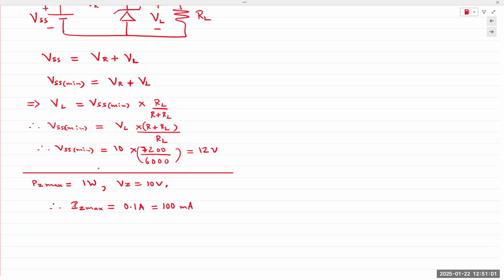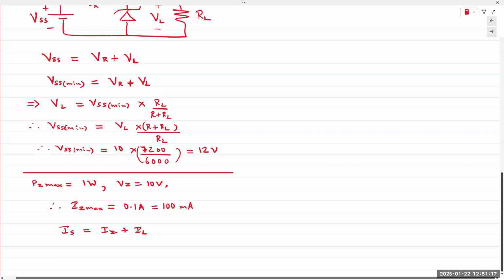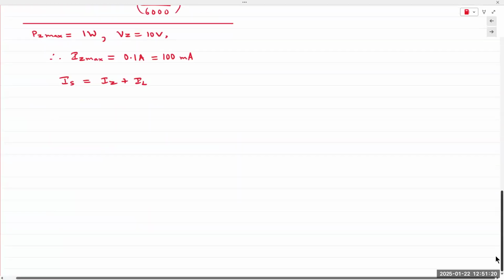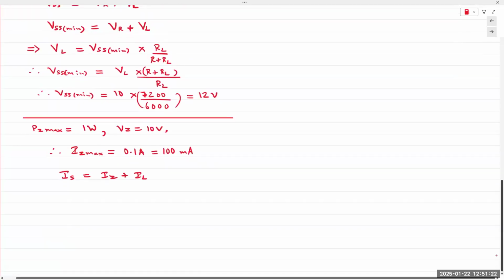So if that's the case, now we can apply KCL at the top and find IS as IZ plus IL. But what is IL? Ohm's law, right? So we had KVL, we had KCL, now we have Ohm's law.